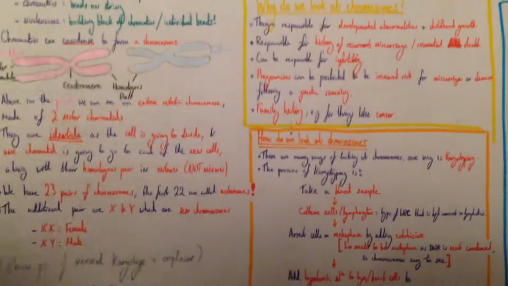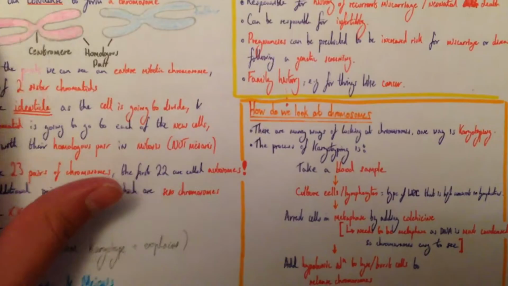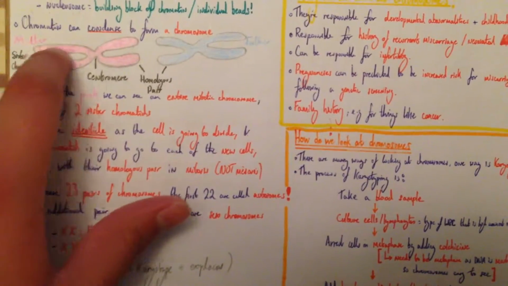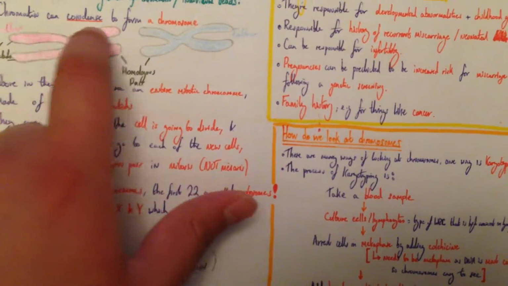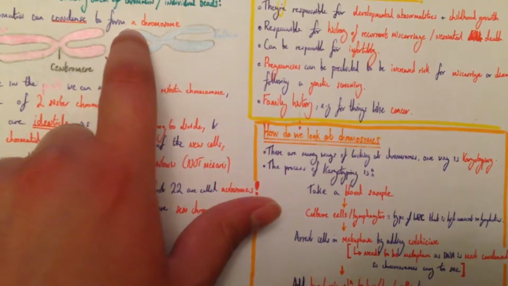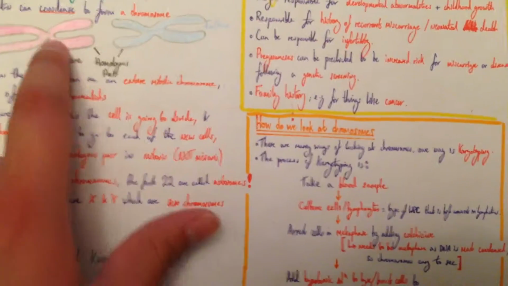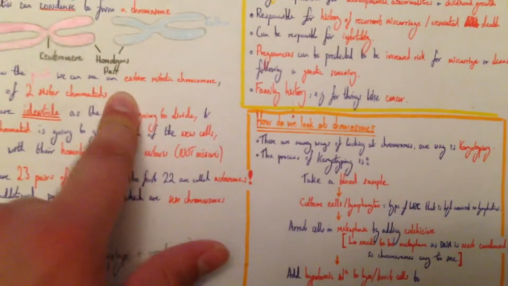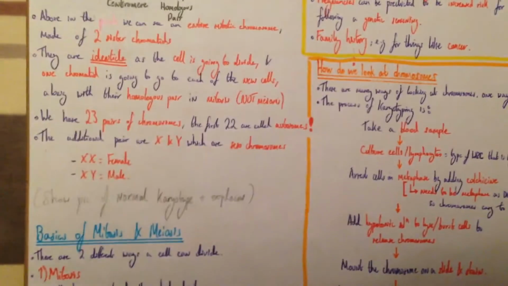So this sister chromatid is going to separate and go into one cell, and the other sister chromatid from the other homologous pair is going to go into the same cell, and that is in mitosis, not meiosis.